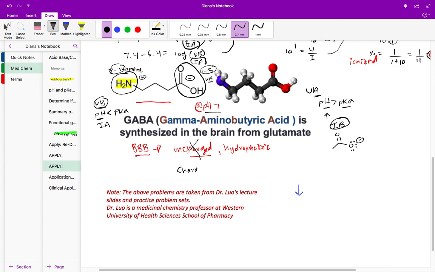And you can apply this acid-base chemistry to any other structure and determine, do I think this is going to cross the blood-brain barrier or not, based on my knowledge of needing uncharged hydrophobic compounds to cross the blood-brain barrier. So I'm determining, okay, we have a plus charge, we have a negative charge, it's very charged, it's hydrophilic, it's not hydrophobic, it will not cross the blood-brain barrier.